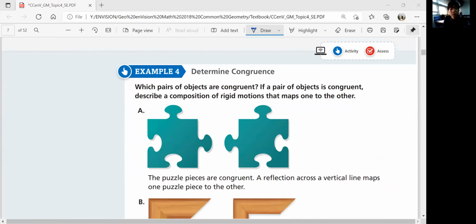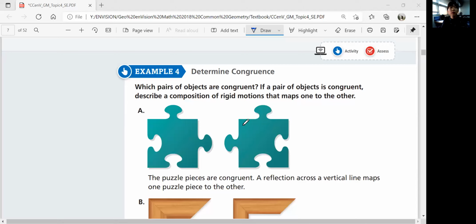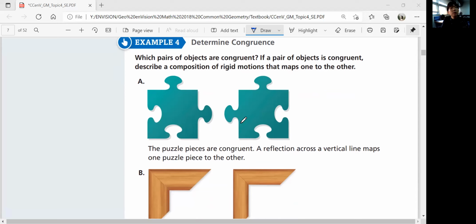Let's look at example 4. Determine congruence. Which pairs of objects are congruent? If a pair of objects is congruent, describe a composition of rigid motions that maps one to the other. Are these two puzzle pieces congruent? Yeah. So if you rotate just 90 degrees, right?